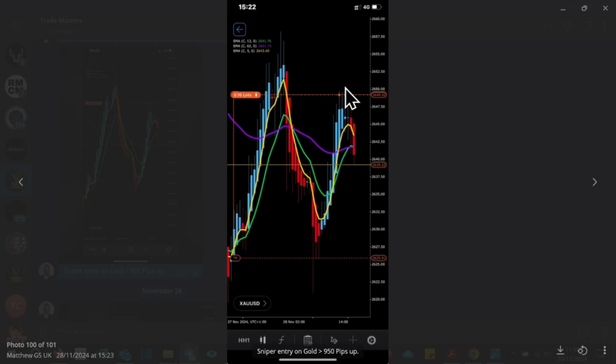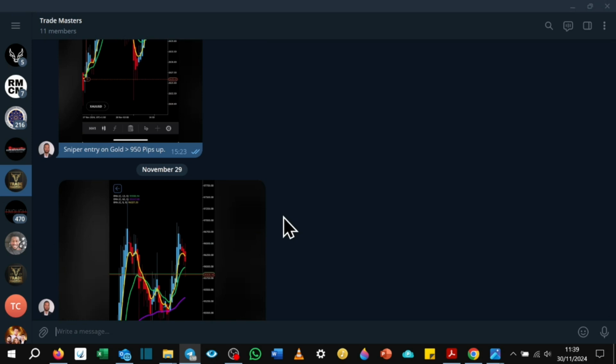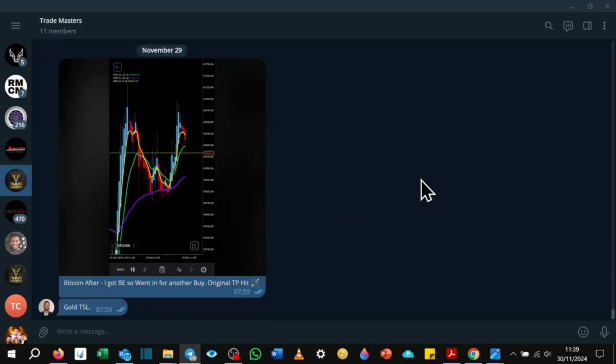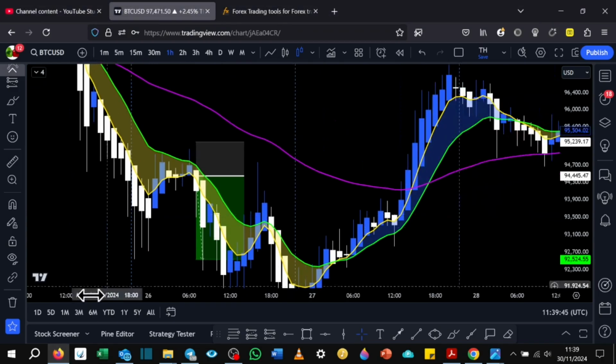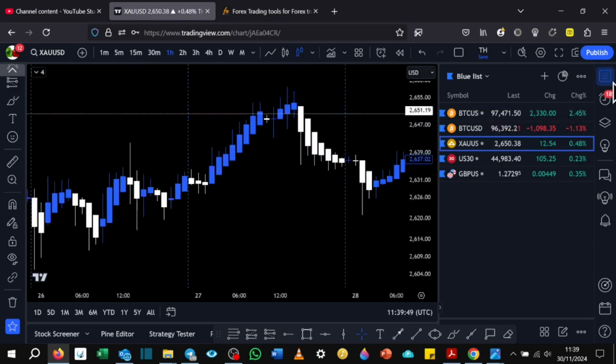Can you see how you sell and then the market instantly reverses? That's a sniper entry. I do catch sniper entries. To catch sniper entries, you have to be quick to get in on them. And I'll show you how I caught that sniper entry on gold. Sniper entry on gold.